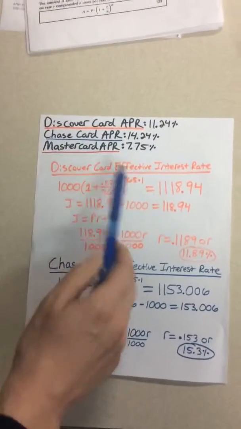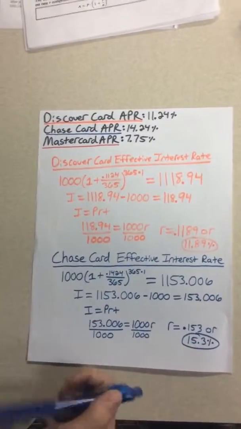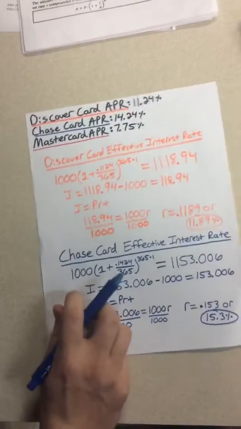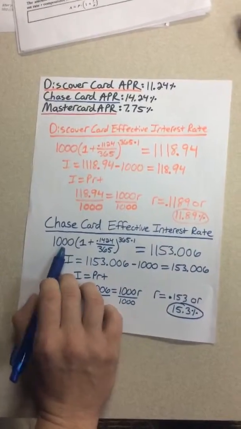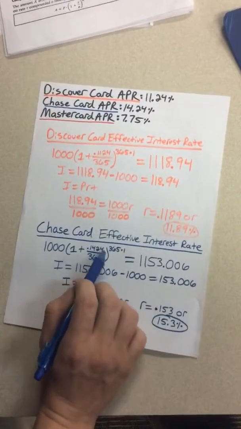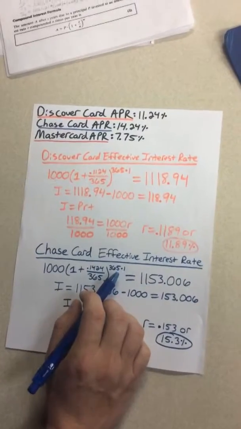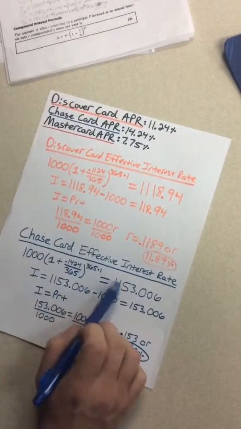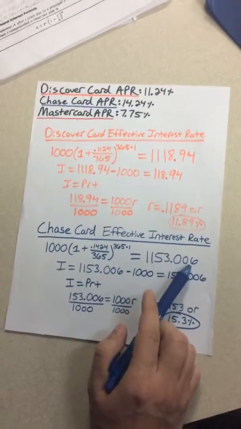So like we did for Discover Card effective interest rate, we also did for the Chase Card effective interest rate. So with a purchase of $1,000, we plugged in the compound interest formula, which is the principal times 1 plus the rate over the times compounded per year, to the power of the times compounded per year times the number of years. And we got that equal to 1,153.006.